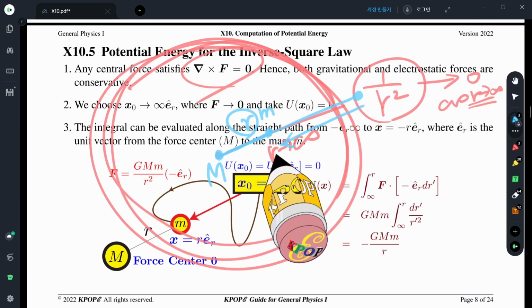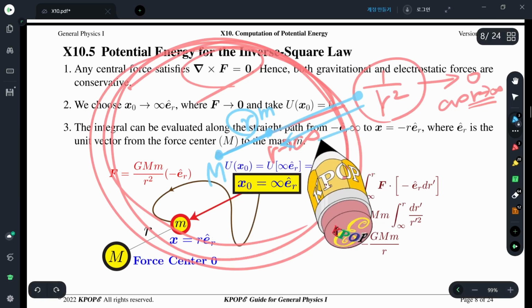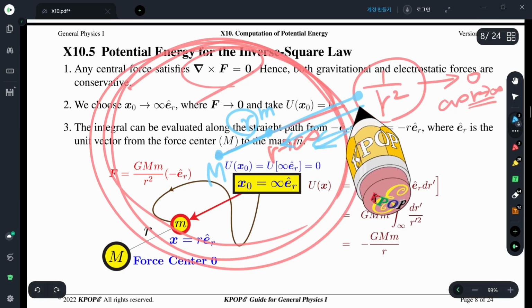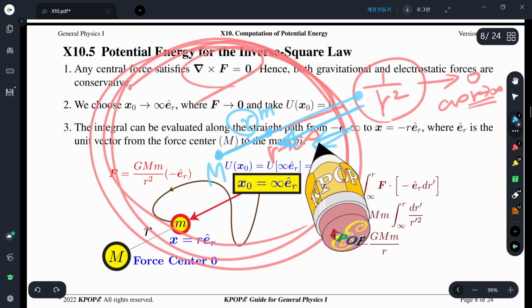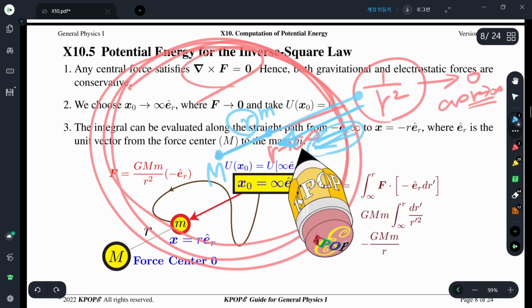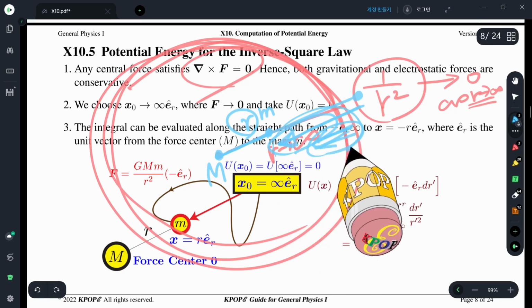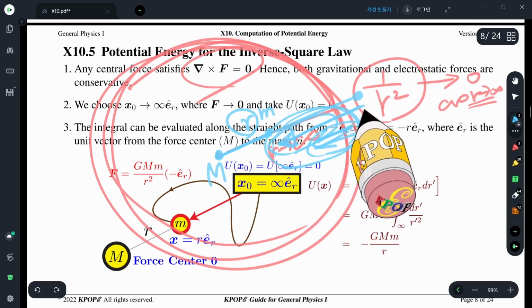During this integration, the gravitational force is attractive, so displacement and gravitational field are parallel. Therefore, this is the integration.